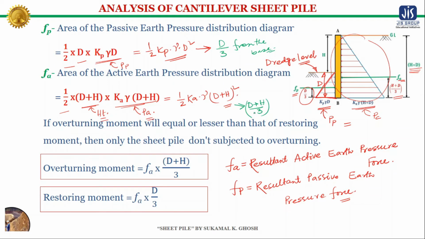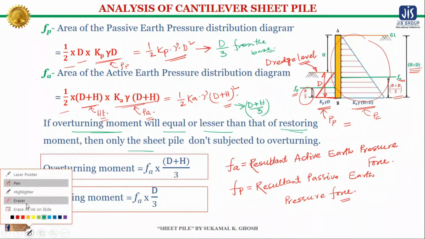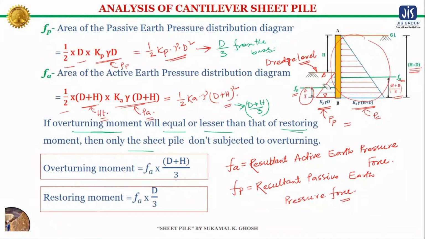Okay, now if the overturning moment is equal to or lesser than the restoring moment, then only the sheet pile will not be subjected to overturning. Okay, so see, first of all, let me clear it. Then we'll understand it in a better way.